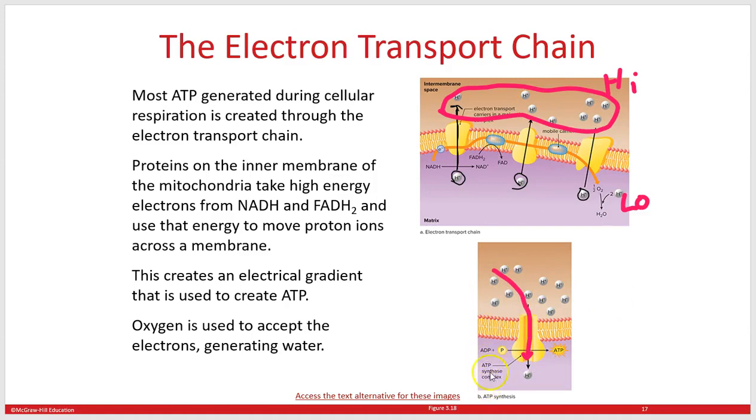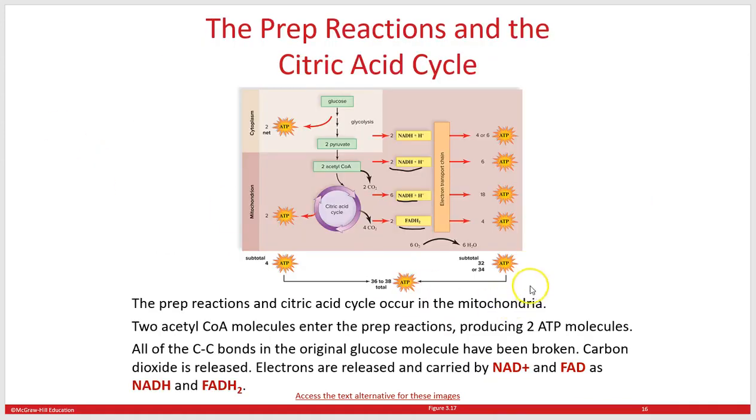And ATP synthase will take the energy from these protons flowing through like water and generate ATP from it. And if you look, we generate around 32 or 34 depending on this, and we won't get into that. But here we make a lot. We only make 4 ATP with glycolysis and citric acid cycle, which is really small compared to the large amount we can make with that electron transport chain.